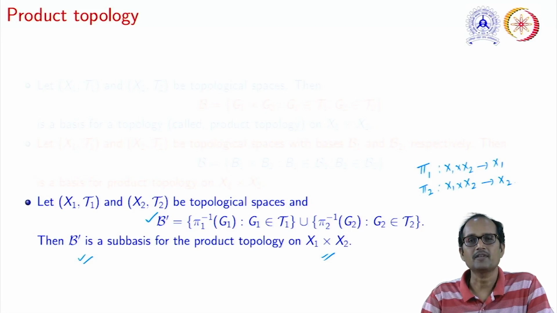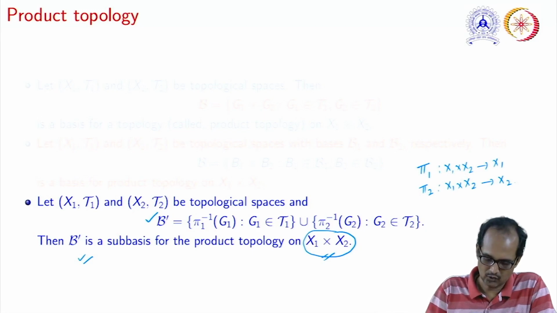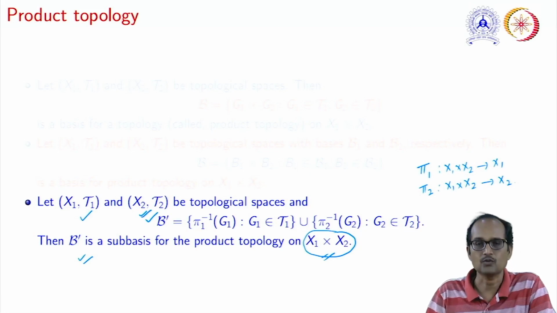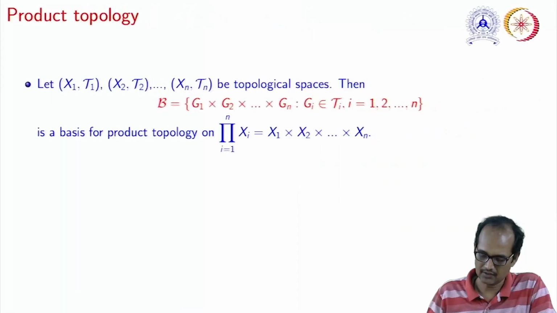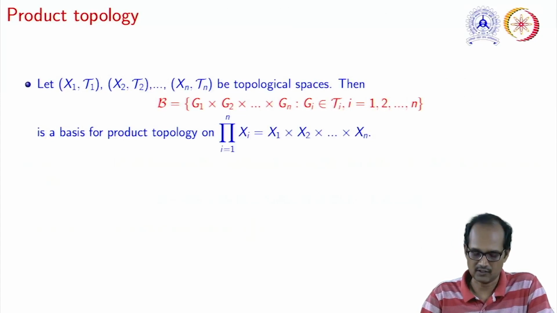So in the previous lecture, we tried to construct the product topology on the Cartesian product of X1 and X2 when the topology tau 1 was given on X1 and tau 2 was given on X2. Note that this Cartesian product can be generalized for n topological spaces.